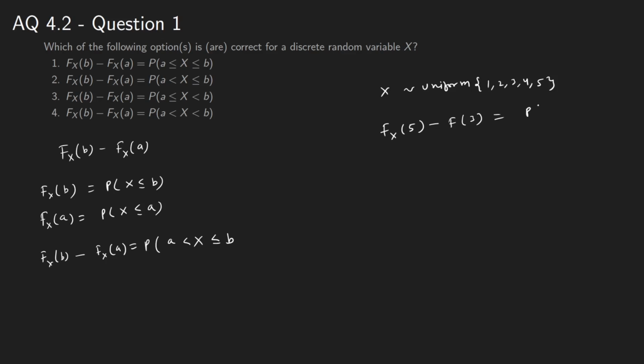It will represent the probability that x will take values between 3 and 5, but we are including 5, and we are not including 3 because we have subtracted it here. The CDF includes that point also. So from this simple example, you can extend it to any general case and it will correspond to the second option. So the second choice is the correct one.